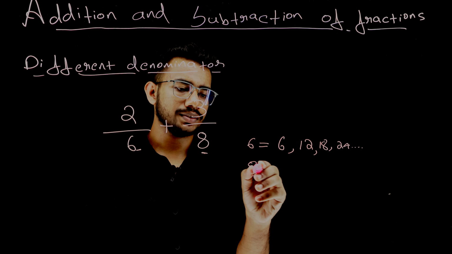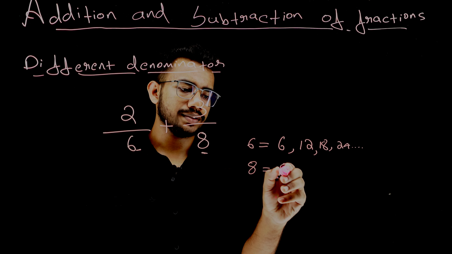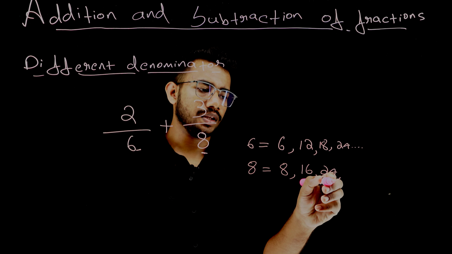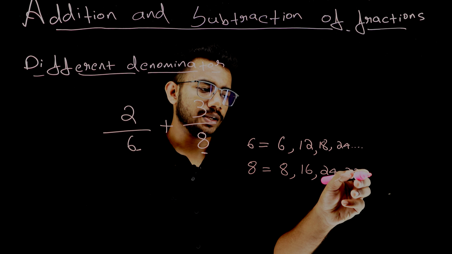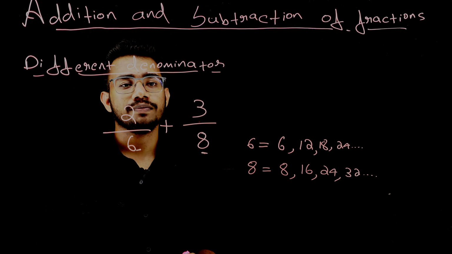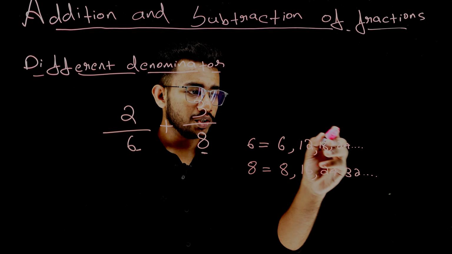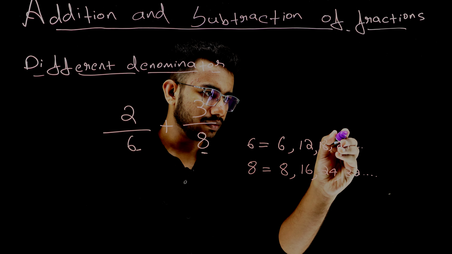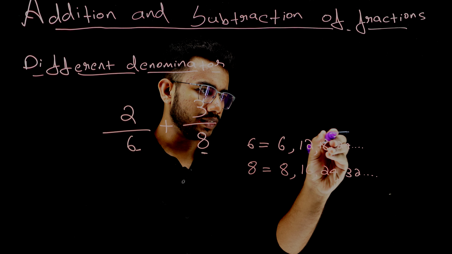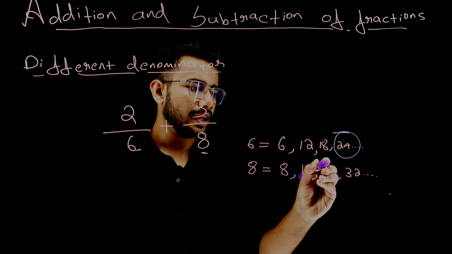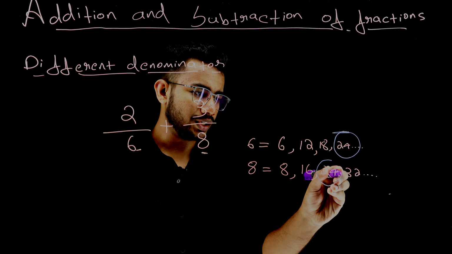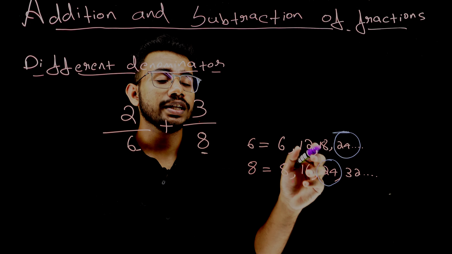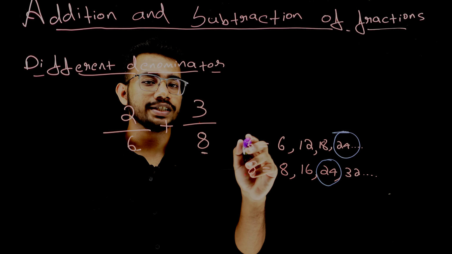And for 8, it is 8, 16, 24, 32, and so on. From this I can see that 24 is common, so 24 is the lowest common multiple of 6 and 8.